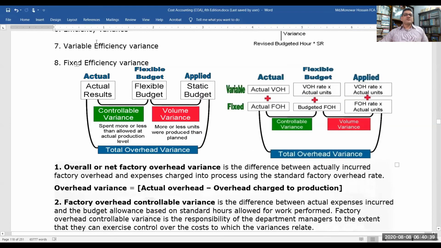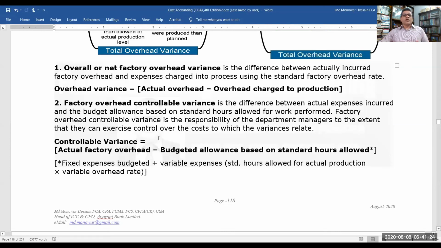For overhead variance, we look here at the actual result, and if it differs from the flexible budget, then the controllable variance comes, and from the flexible budget to the applied, then the volume variance comes. So the overall or net factory overhead variance is the difference between actually incurred factory overhead and expenses charged into process using the standard factory overhead rate.